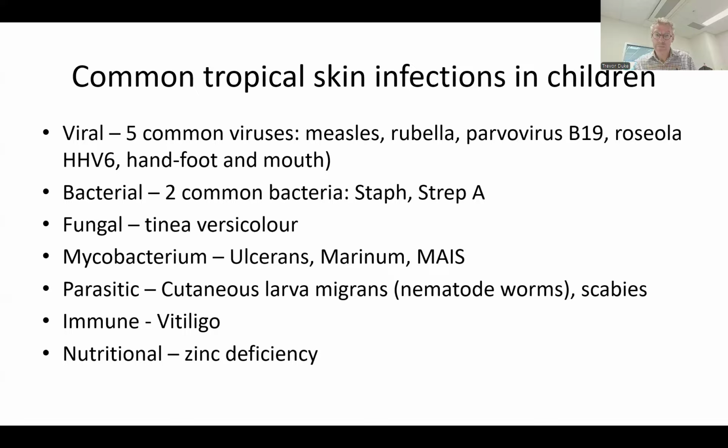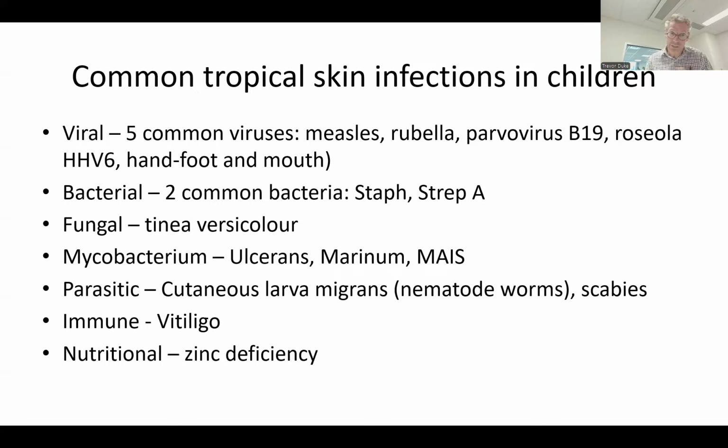And we talked about some mycobacterial infections: Mycobacterium ulcerans, relatively common in moist environments, Mycobacterium marinum, especially in marine, saltwater, coral-related environments, and the MAC complex causing cervical adenitis. And we talked about some parasitic infections, 2 in particular, cutaneous larva migrans and scabies.